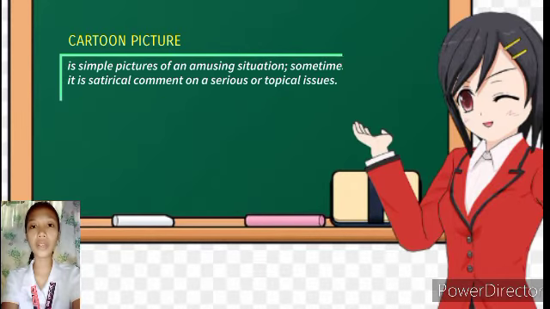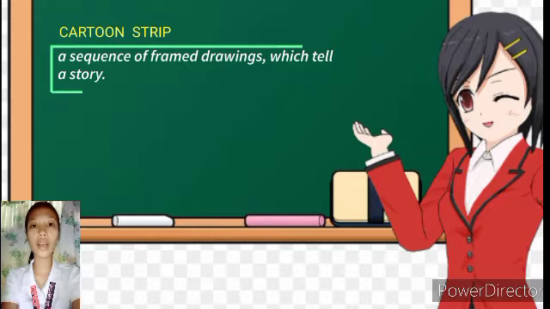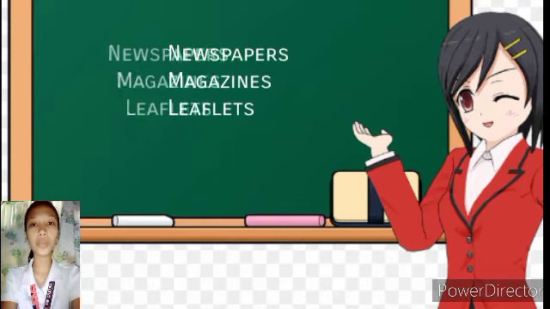Sometimes, it is a satirical comment on a serious or topical issue. A strip cartoon or cartoon strip is framed drawings which tell a story. Both these types of cartoons are usually found in newspapers, magazines, and leaflets.